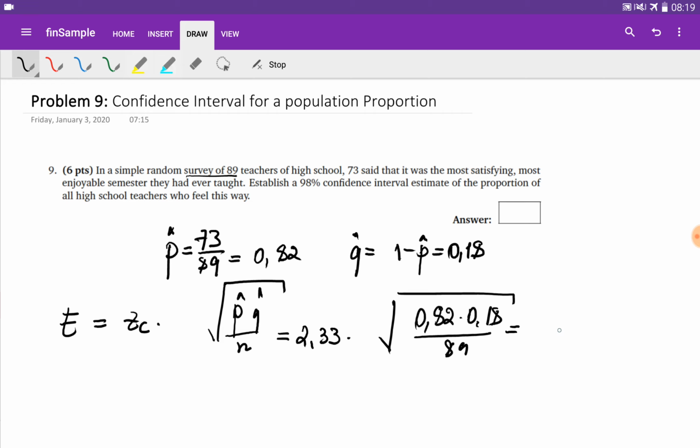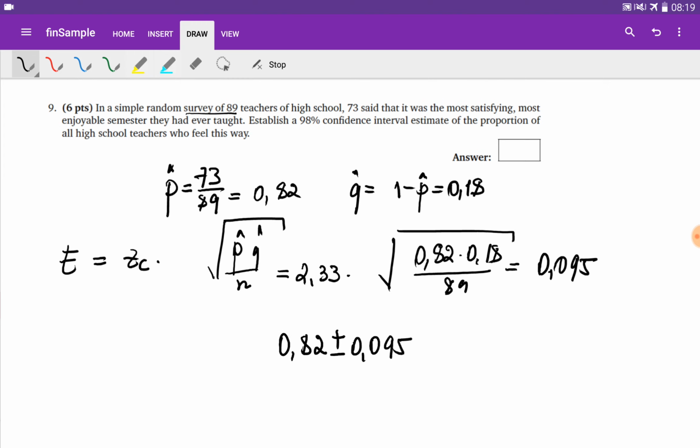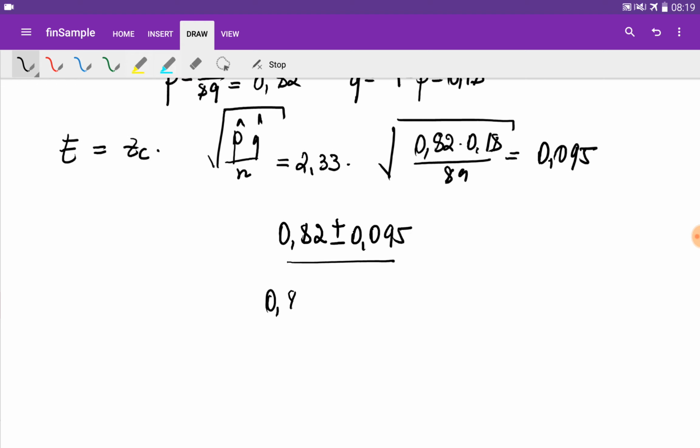If we calculate everything, it's going to be roughly 0.095. The confidence interval is going to be 0.82 plus or minus 0.095. So basically the population proportion of the school teachers who are satisfied with the semester is within this interval, between 0.82 minus 0.095 and 0.82 plus 0.095.